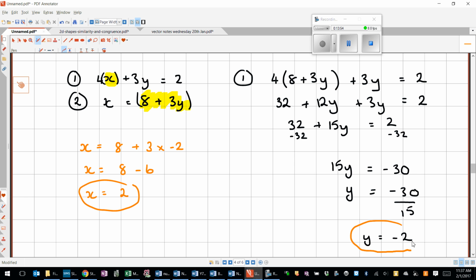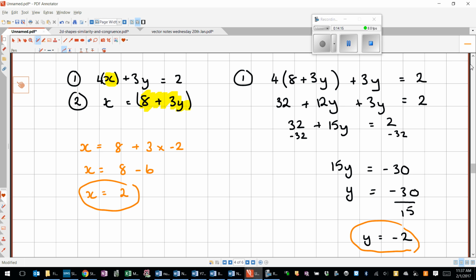So you already have a method that would work. Substitution method. We've got an answer. Are you happy with your answer? How would you check that those values work? Put them into the first equation.